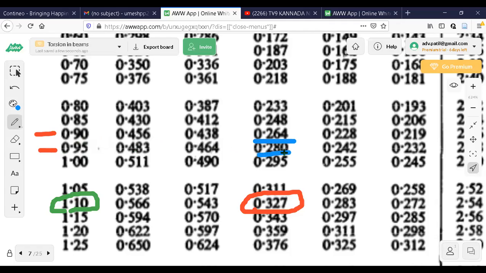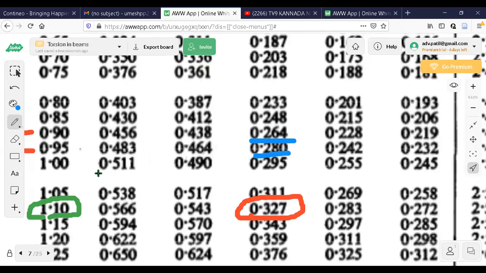For 0.908, how much will be the pt value? These are pt values, 0.264 and 0.280. If I interpolate, because mu by bd square is 0.908, which is more than this and less than this, the value of pt will be in between 0.264 and 0.280.